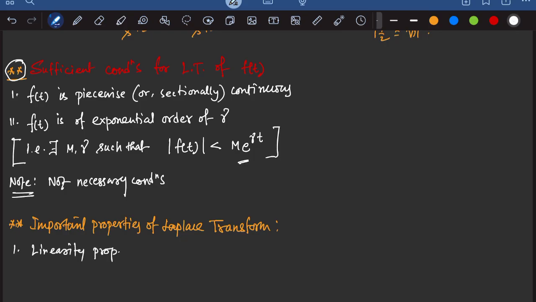The linearity property says that the Laplace transform of c1 f of t plus c2 g of t implies c1 Laplace transform of f(t) plus c2 Laplace transform of g(t).